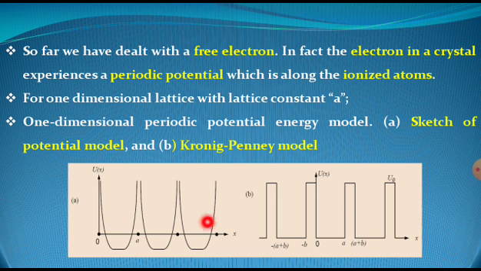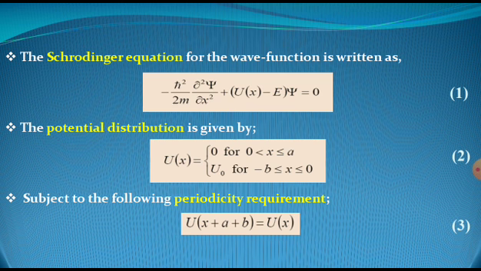The major difference you can identify is that in figure A a negative potential energy has also been reported, whereas the negative energy is eliminated in the Kronig-Penney model, which means the electrons can only possess positive potential energy. This is the major assumption of the Kronig-Penney model.